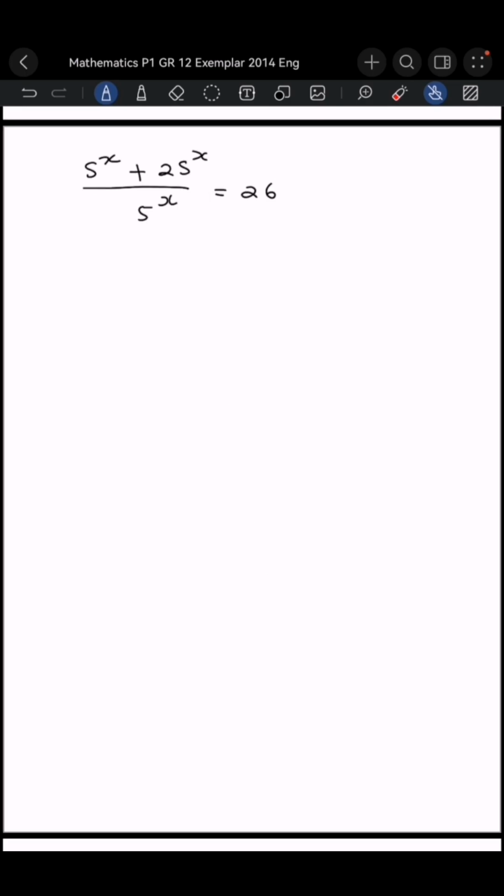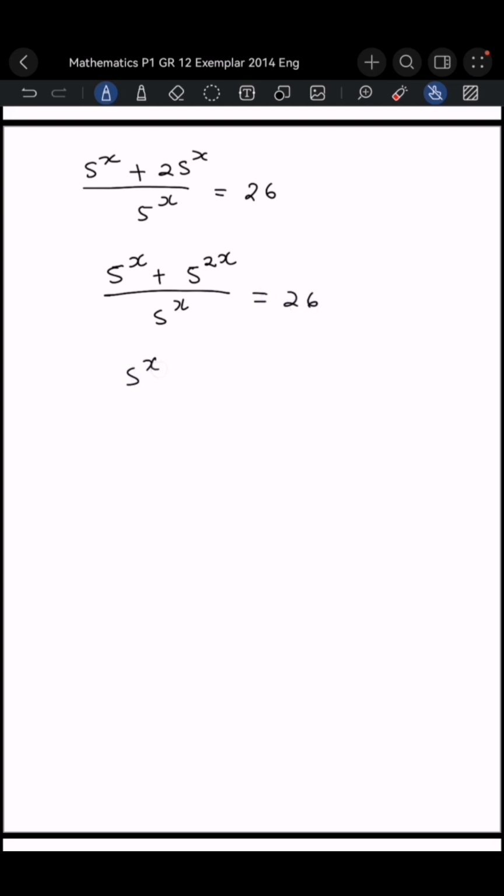5 raised to the power of x plus 25 raised to the power of x, all divided by 5 raised to the power of x, is equal to 26. Solve for x. So here I see 5 raised to the power of x plus 5 raised to the power of 2x, all divided by 5 raised to the power of x, is equal to 26.